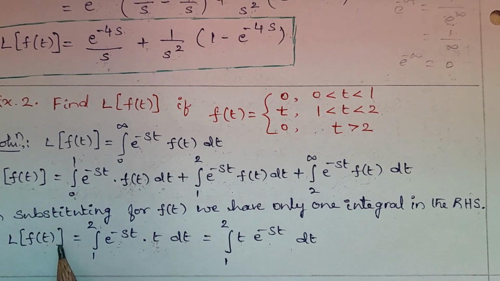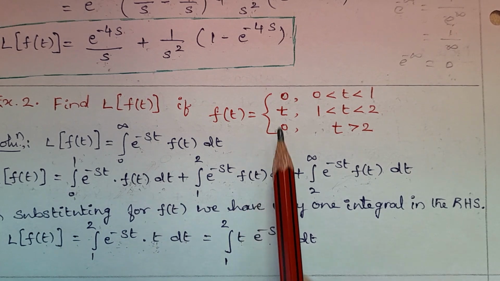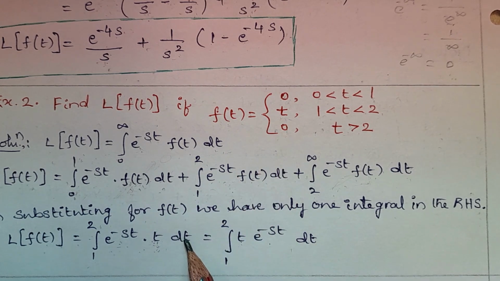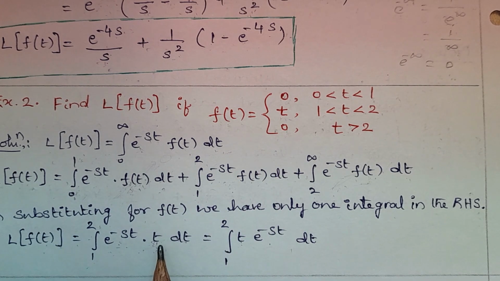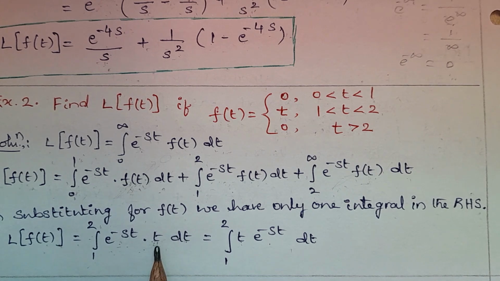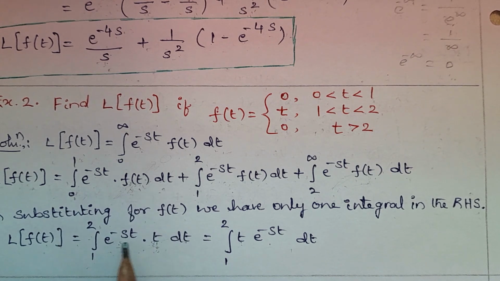So Laplace transform of f of t equals integral of 1 to 2 e power of minus st f of t, where f of t value is t, dt. Next here, f of t is a polynomial t. So interchange the places. First function t, second function e power of minus st dt.